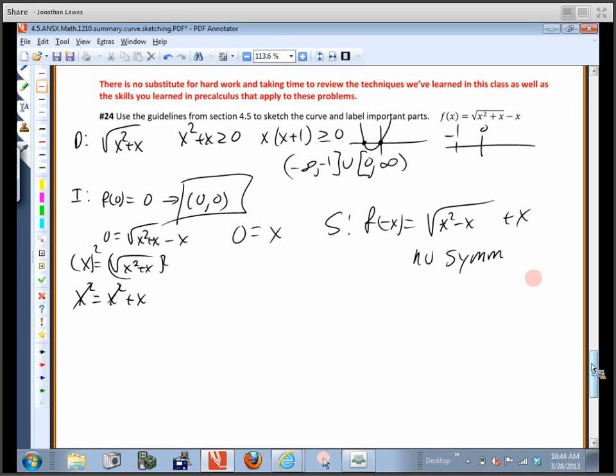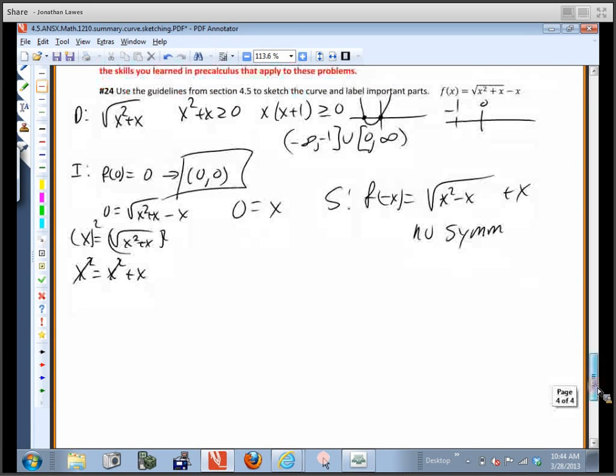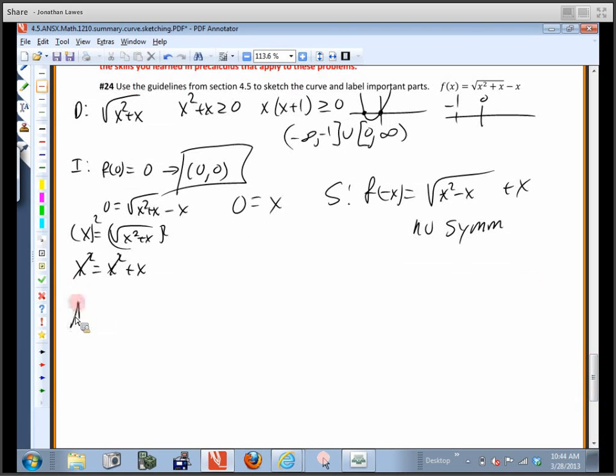Okay, and now it gets a little bit interesting. Okay, let's talk about asymptotes. Okay, now, it has domain issues in between -1 and 0, but not at -1 and 0. So really, at this point, I could actually plug in -1.